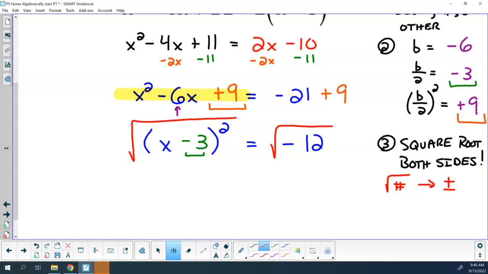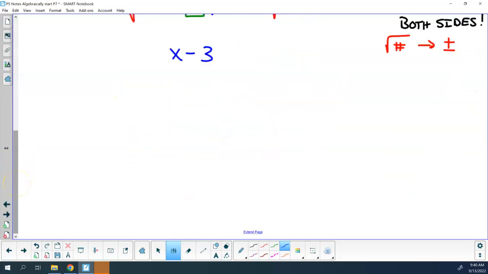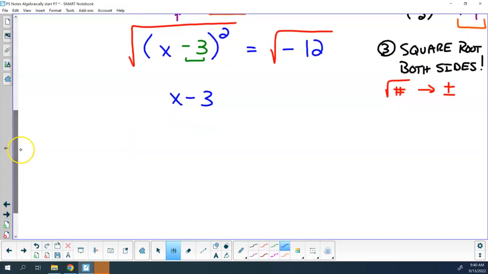We're taking that plus or minus part. So over here on the left side, I just get x minus 3. On the right side, I get plus or minus.